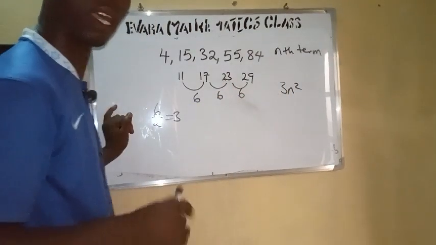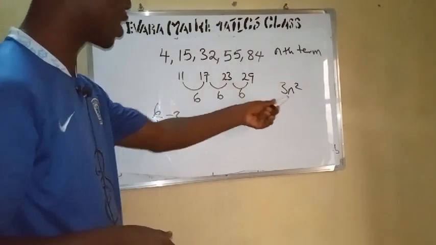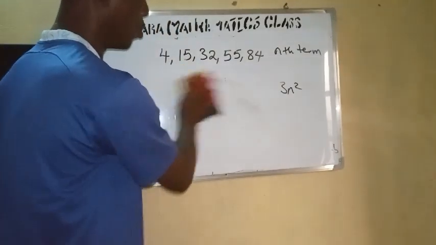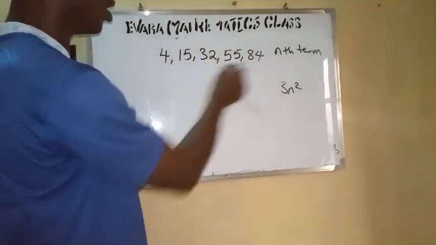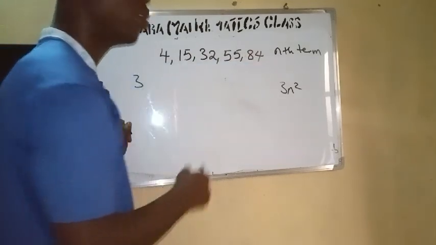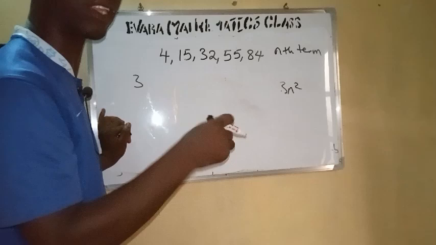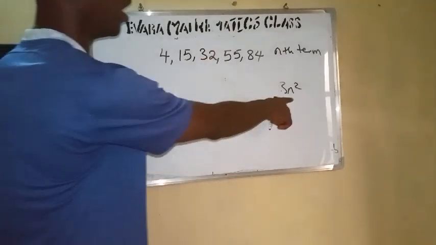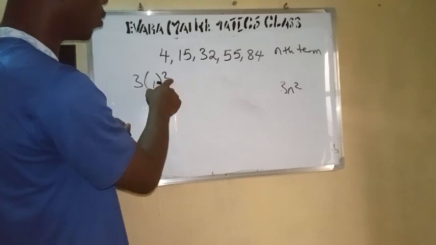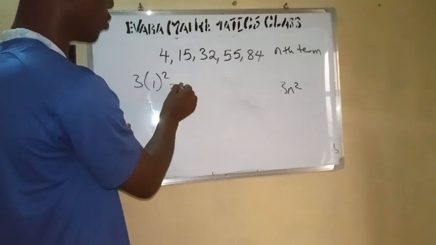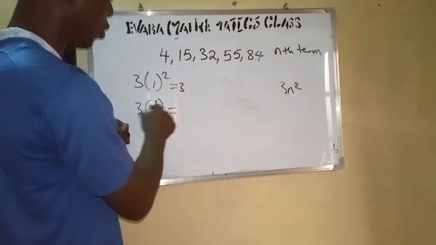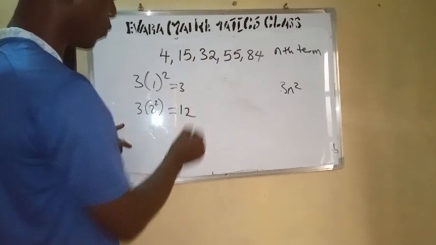We will keep that aside. Now, after getting 3n squared, we will use it to derive the first 5 terms. When n is 1, 1 squared is 1, multiplied by 3, that's 3. When n is 2, 2 squared is 4, multiplied by 3, 12.